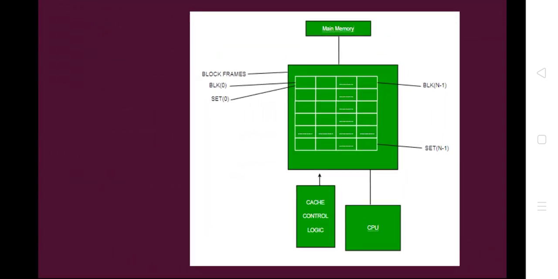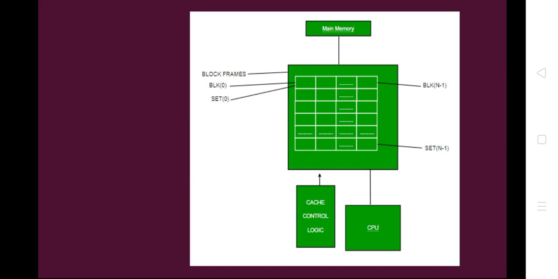So how does the diagram look? You can see the improvement over the earlier diagram. Again, the main memory is above and the CPU is below, with the cache control logic here. The cache area is now widened, and we can see the block frames. Inside are set 0 and so on, with many blocks and many sets. If you access set 0, there are so many blocks.